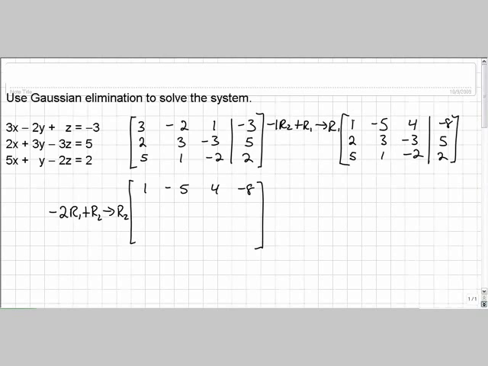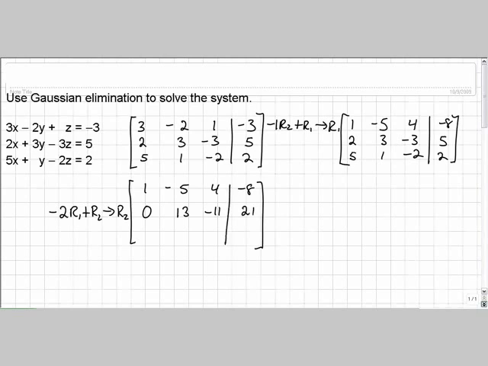So -2 times 1 is -2, added to 2 is 0. -2 times -5 is 10, added to 3 is 13. -2 times 4 is -8, added to -3 is -11. And -2 times -8 is 16, added to 5 is 21.